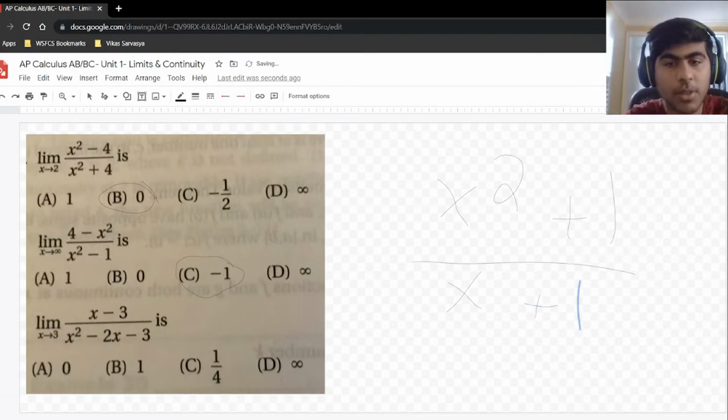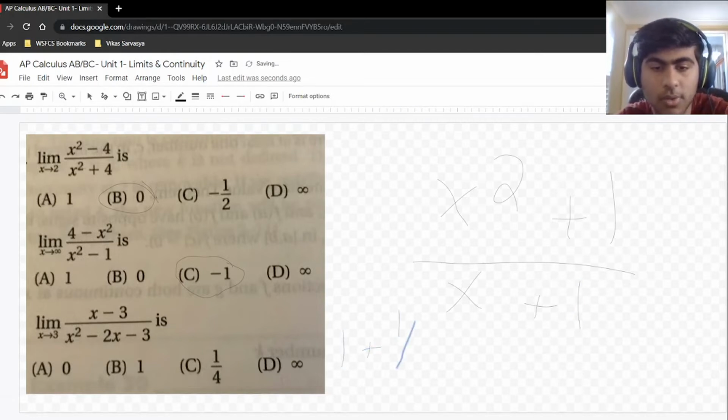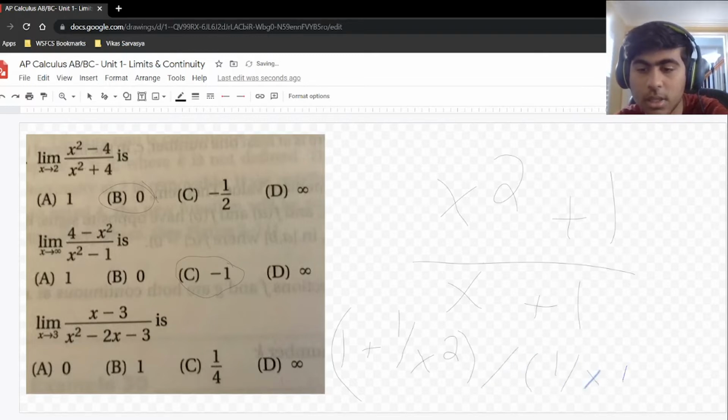And then we do the same thing where we divide both sides by x squared, and we end up with 1 plus 1 over x squared. And then we divide that by, well, 1 over x plus 1 over x squared.